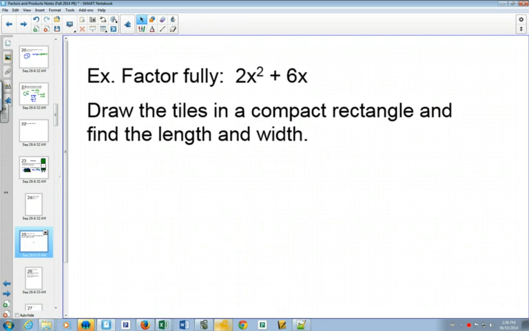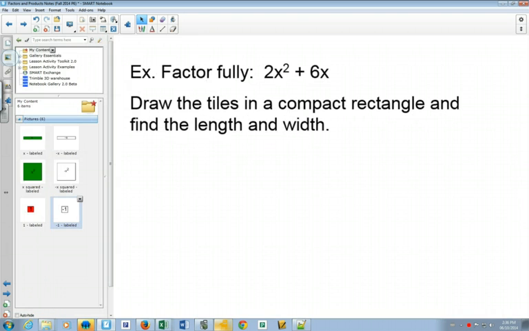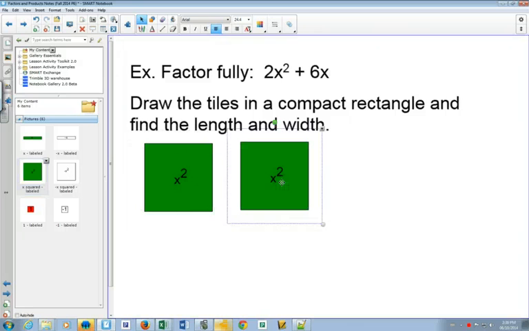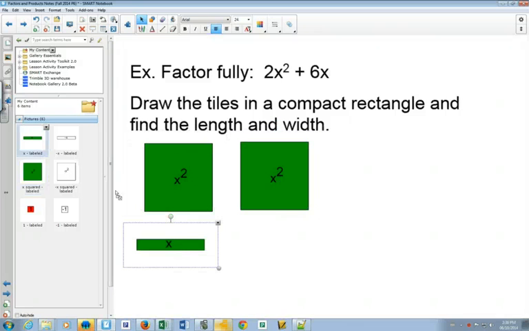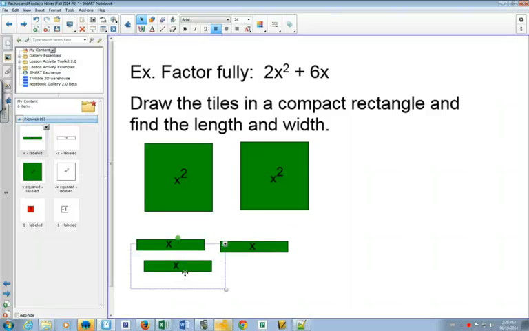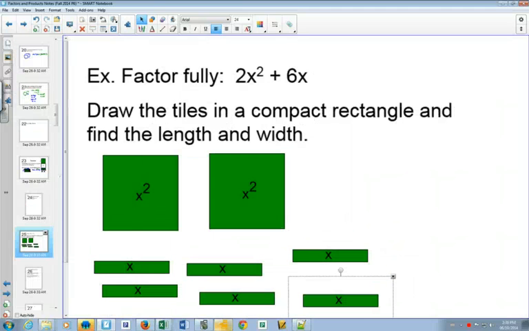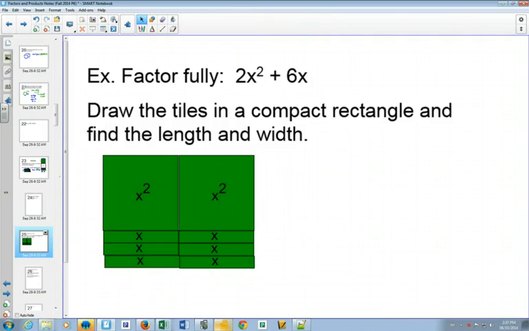You write that down. I'm going to get my algebra tiles ready again. I'll need 2x squareds and 6 x's. So this side would be 2x.